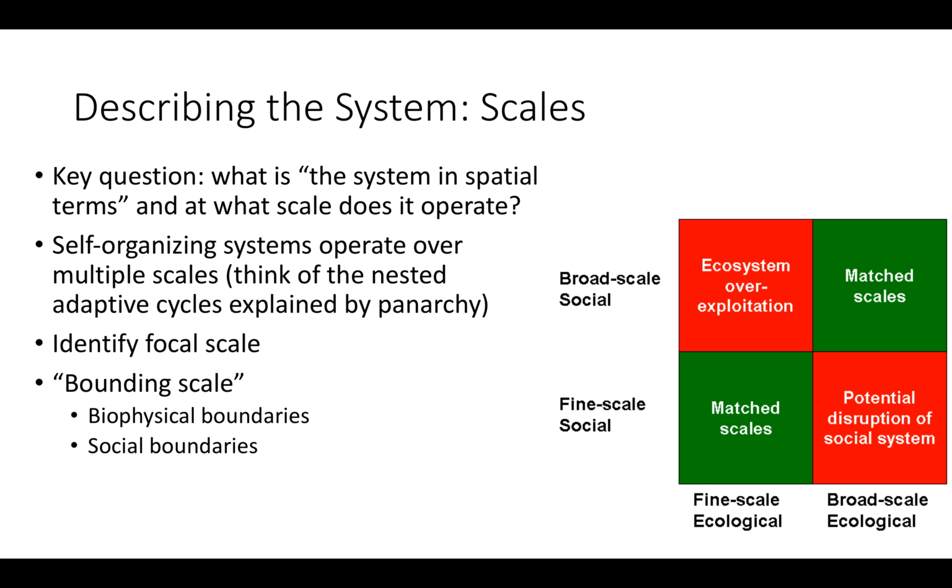So again, if we're thinking about ecologically, we're only considering those 200 acres, but socially we're thinking about how those 200 acres can feed a population of millions. It leads to ecosystem overexploitation. Similarly, with a fine scale socially and a broad scale ecologically, it's a scale mismatch. So identifying and understanding those scales, both socially and ecologically, is really important.